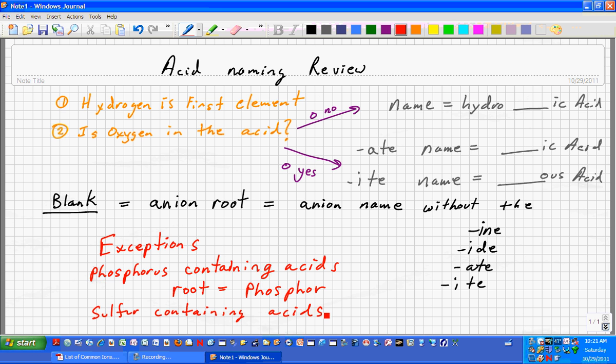So sulfur containing acids, that root is the full word sulfur. And we'll take a look at a couple of examples on how this works.